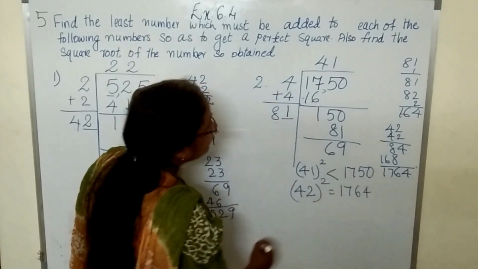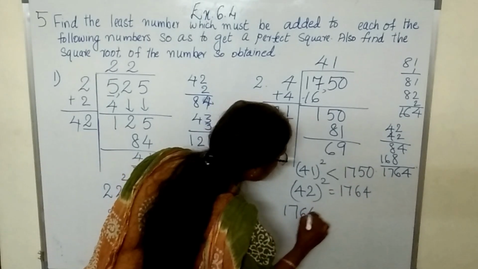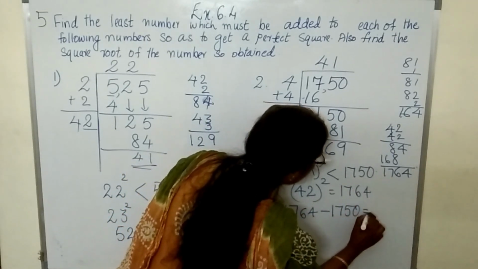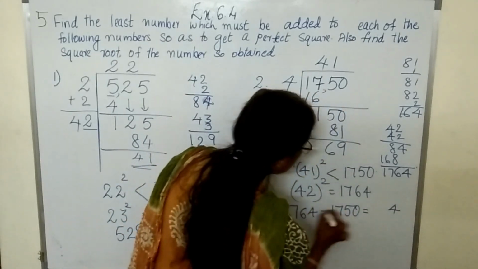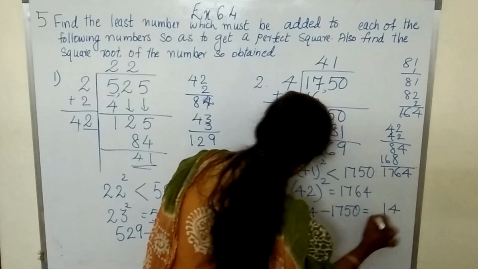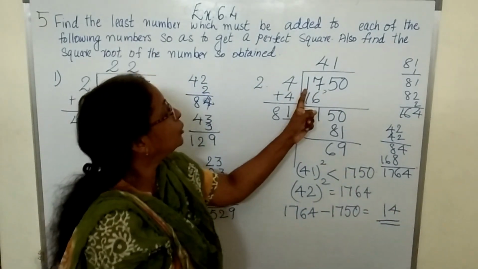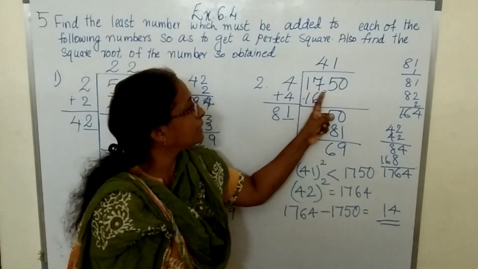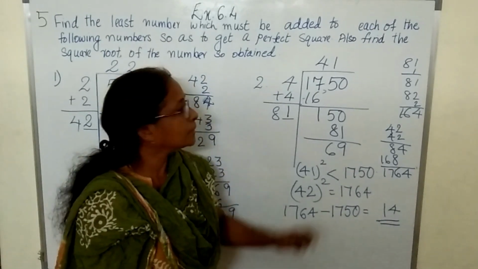What is the difference between them? 1764 minus 1750. How much is it? 4. 6 minus 5, 1. So we need to add 14. What we have to do? We have to add 14 to 1750 to get a perfect square.